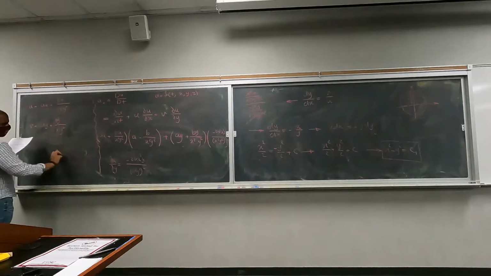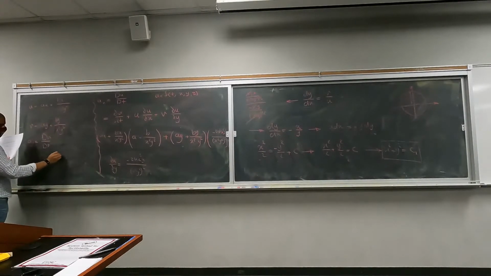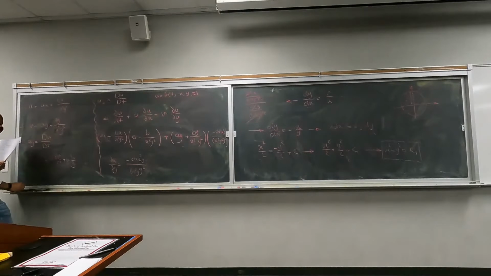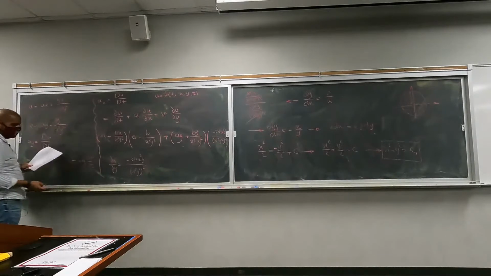Let's write that equation here. I'm going to ask you to do this. Hopefully you've already done this at home with your homework. ay is going to be dv/dt. Acceleration in the y direction is going to be the total derivative of velocity in the y direction with respect to time. So it's going to be partial v partial t, plus u partial v partial x, plus v partial v partial y, plus w partial v partial z.